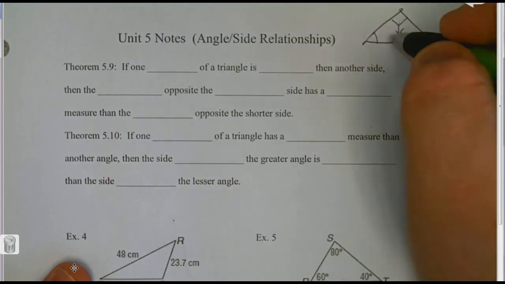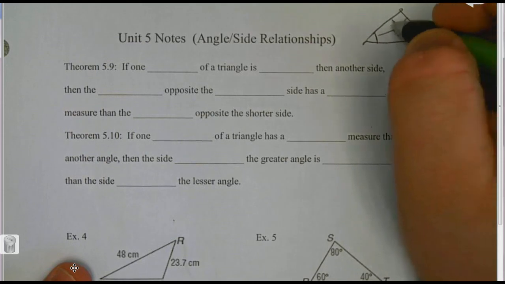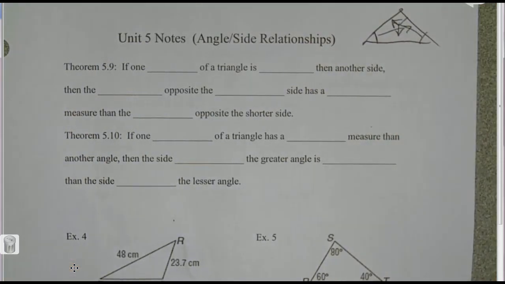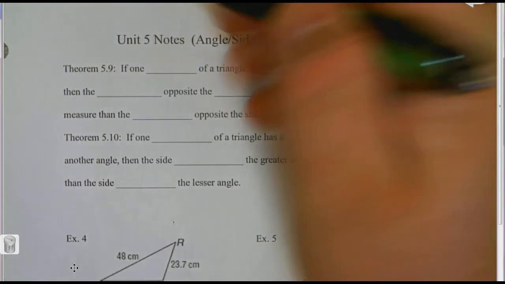So this angle relates to that side, this angle relates to that side. What ends up happening is you can order angles and sides of triangles based on one piece of information or the other.